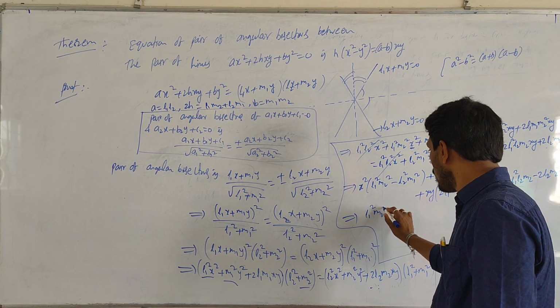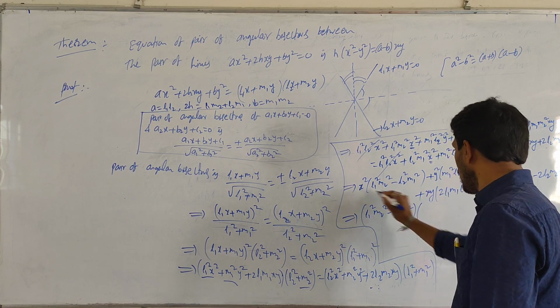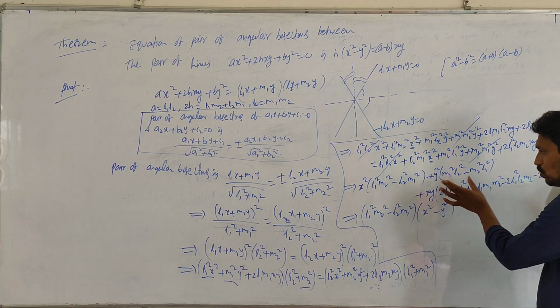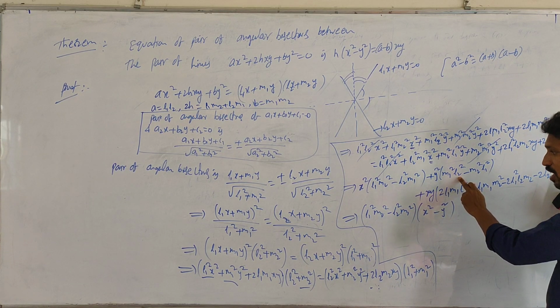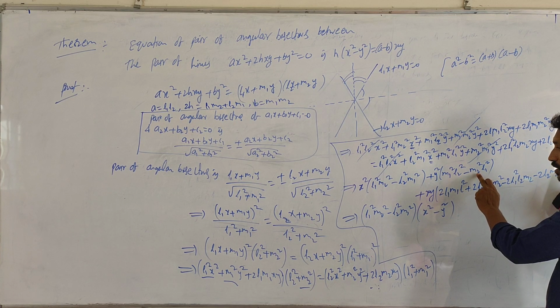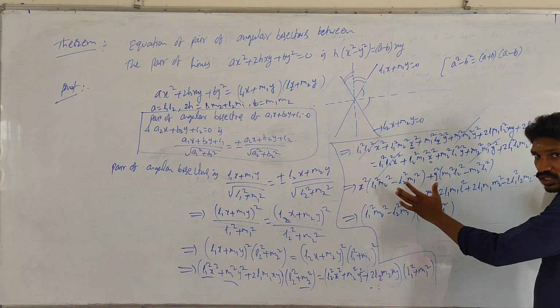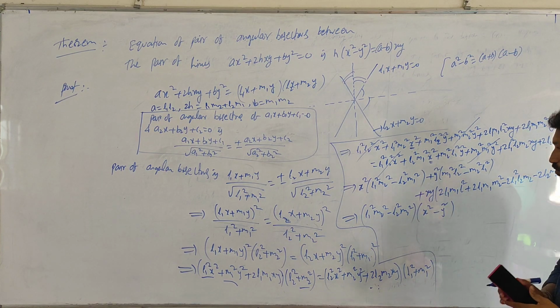L1 square M2 square minus L2 square M1 square. If you take common here, x square is there. Here minus y square, because to change this term into this term, you take minus common. After taking minus common, this is minus y square into L1 square M2 square minus L2 square M1 square. So after changing the term, these two terms we can take outside.